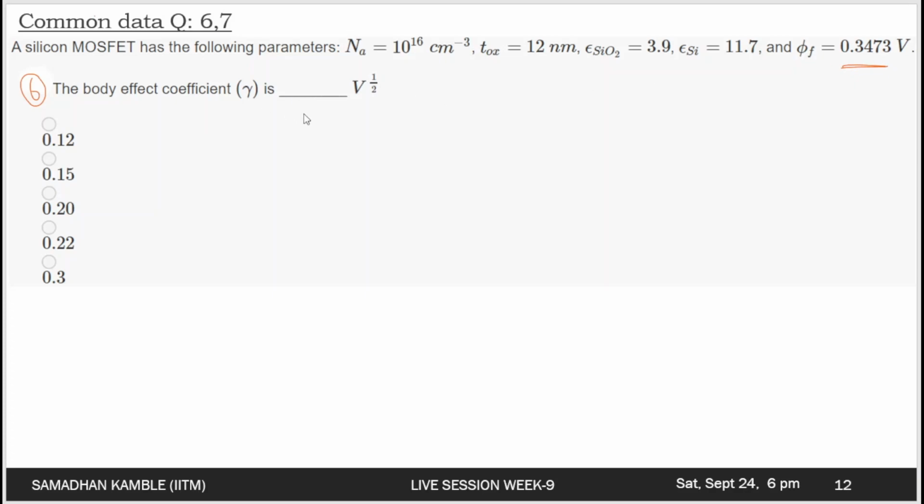As we just touched upon in the summary slide, the body coefficient is the one which is to be determined here.